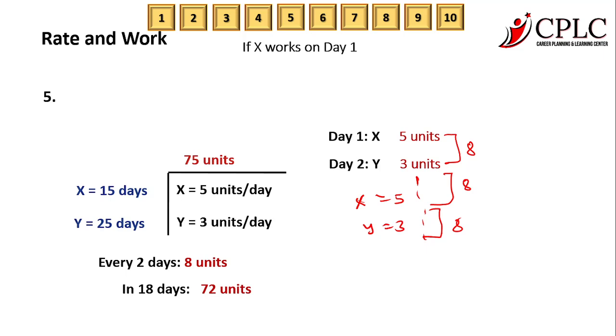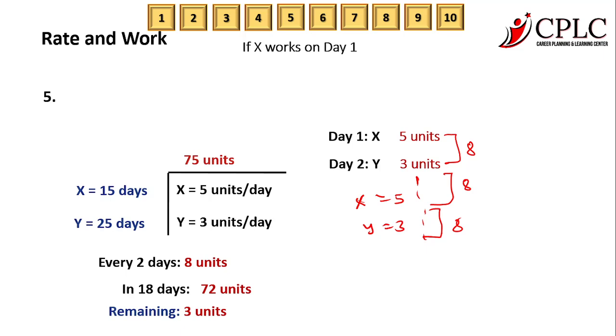And on the 19th day, who will go to the office? Obviously, X will go to work because he has started on day 1. If X goes to the office, he is not supposed to do 5 units. He is only supposed to do 3 units now, because the total job was 75 units and 72 units are already done in 18 days.